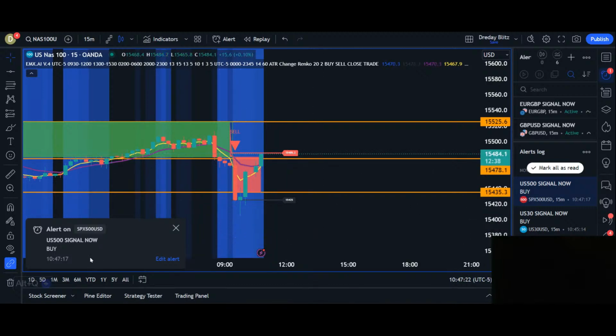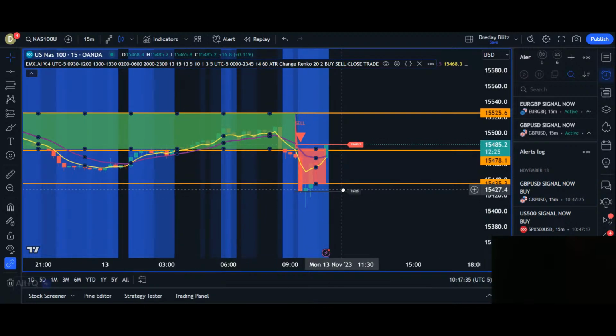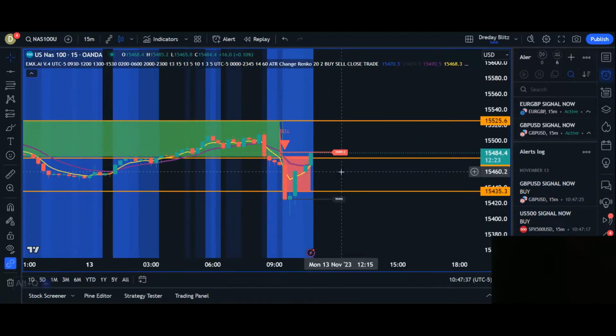So right now we have S&P 500 for a buy and GU for a buy. And usually GU is moving the same way as the S&P, but you have to double check.